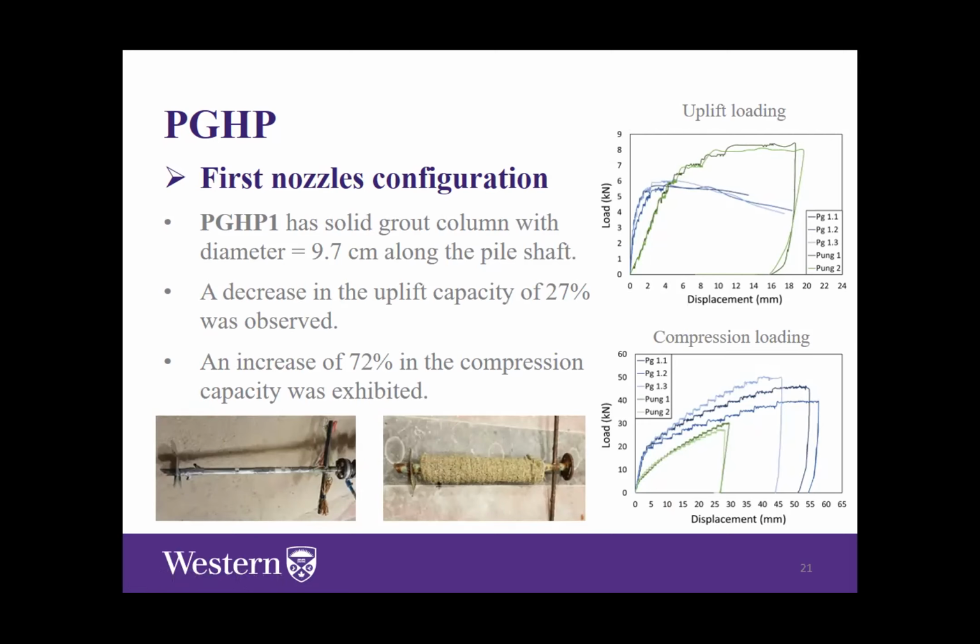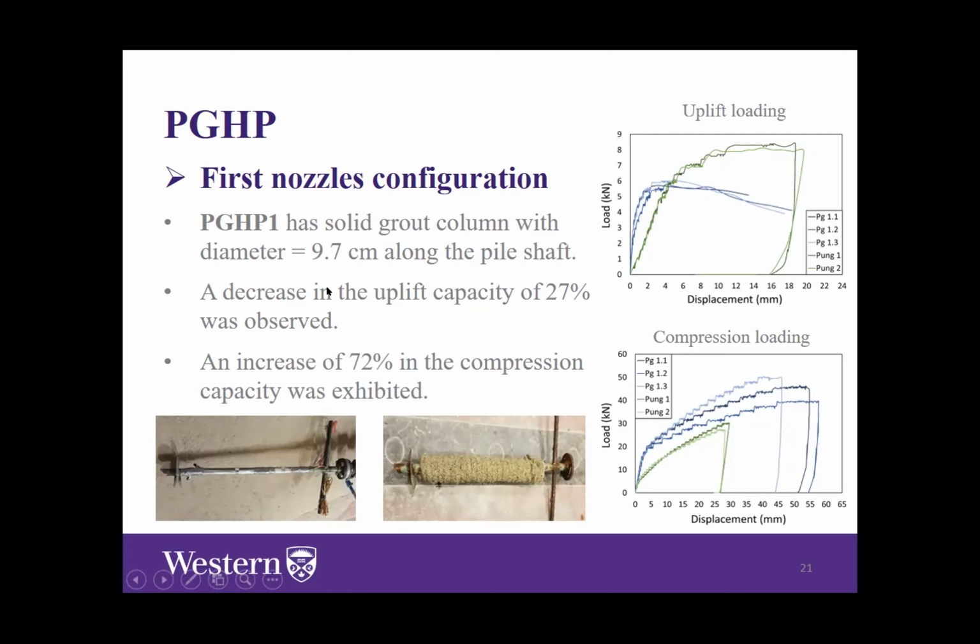The cavity diameter was approximately 7.2 centimeters. However, because the grout was injected under high pressure, the injected grout expands the cavity, allowing cavity expansion. Thus, the total diameter became 9.7 centimeters.